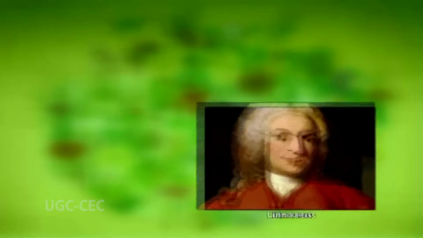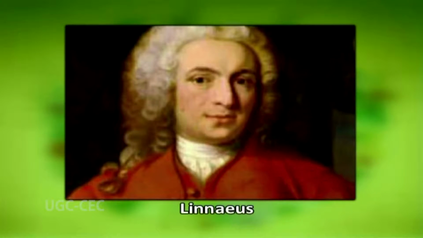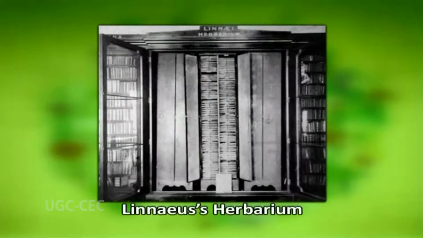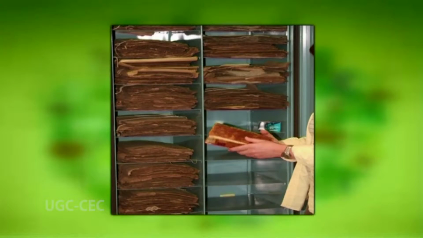Herbarium making was a well-known practice even during the time of Linnaeus. Linnaeus is considered to be the father of taxonomy. Linnaeus, in fact, mounted the dried specimens on single sheets of standard size and stored them horizontally, almost similar to the practice which is followed these days.